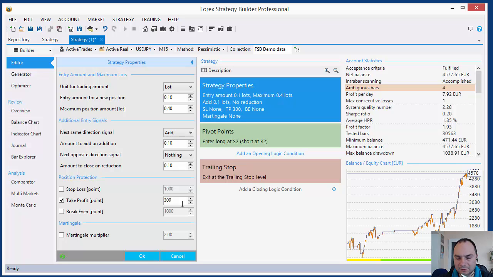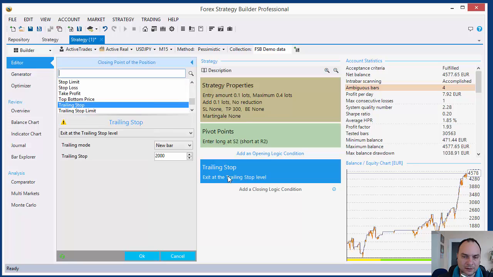Actually this trailing stop doesn't work at all, because the trailing stop has here 200 pips. So yes, 200 pips.